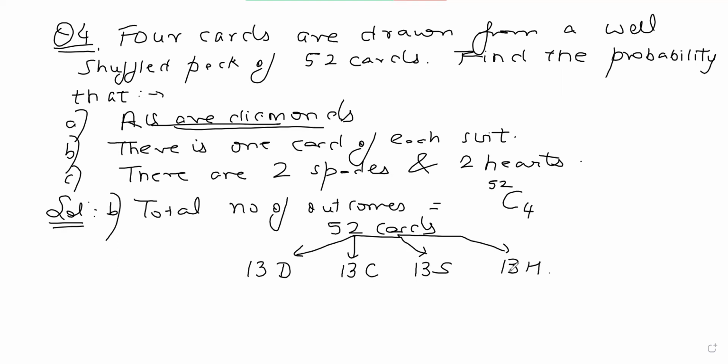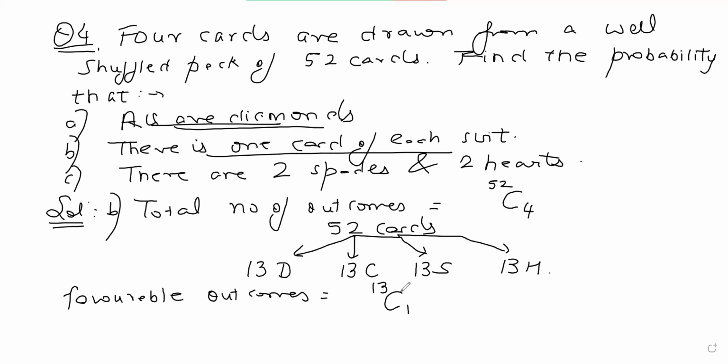Now what is my favorable number of outcomes for part B? There should be one card of each suit. That means one card out of 13 should be diamond, and it means multiply, one card should be club out of 13 clubs, one card should be spade out of 13 spades, and one card should be heart out of 13 hearts.